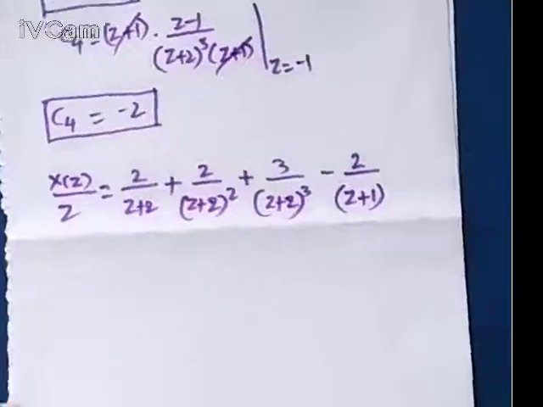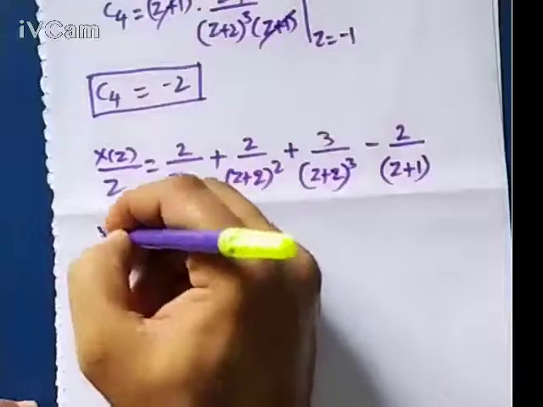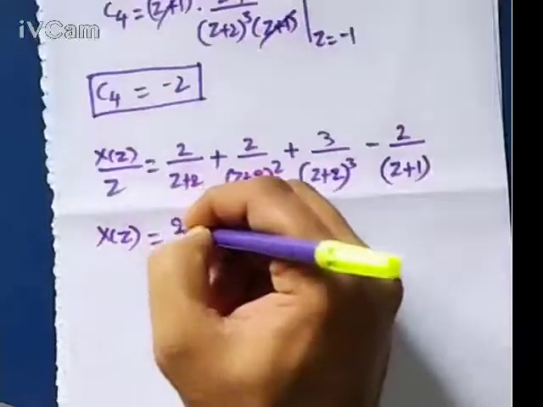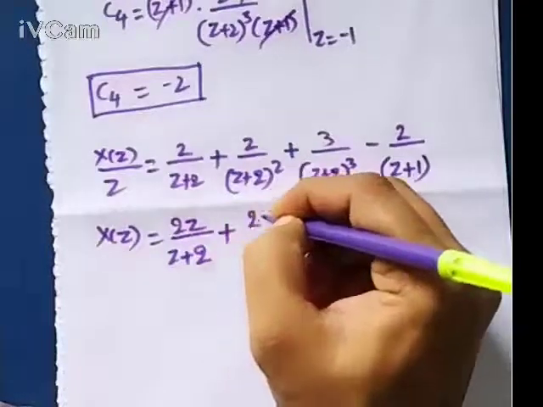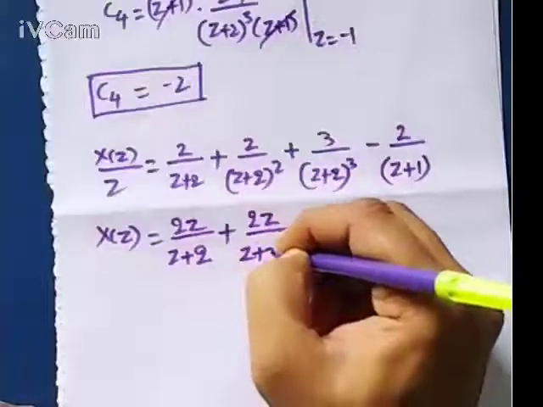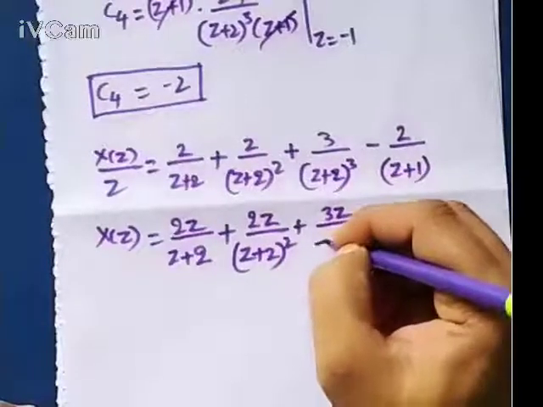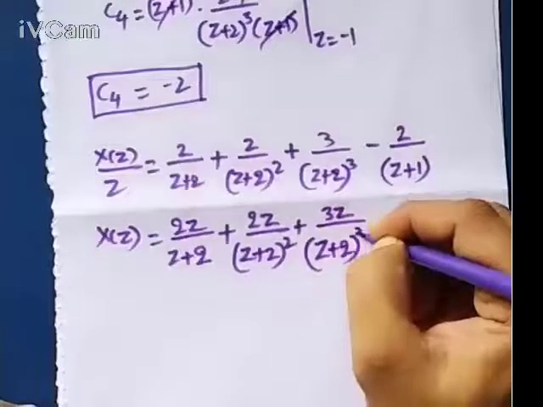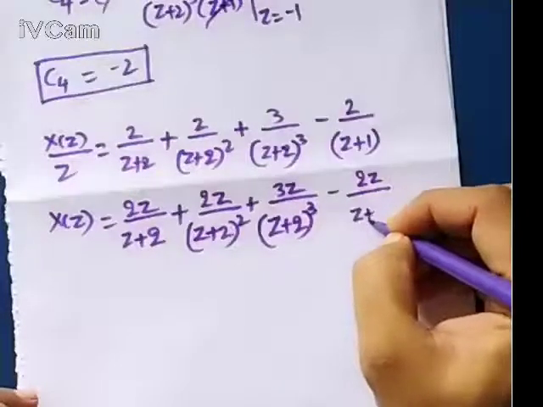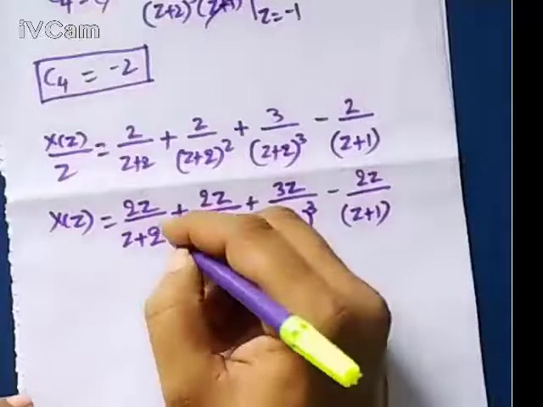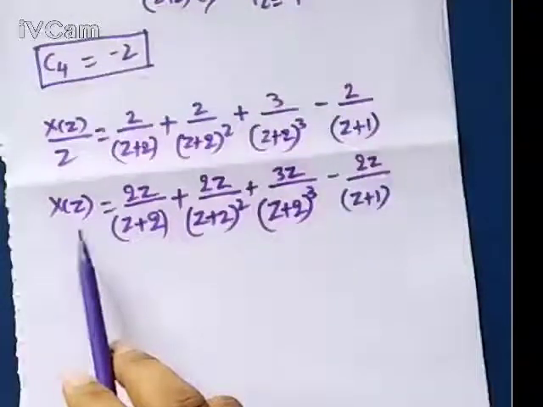Okay, now we have simplified it, we got this z will be taken this side, so this will become x of z equal to 2z upon z plus 2 plus 2z upon z plus 2 whole square plus 3z upon z plus 2 whole cube minus 2z upon z plus 1. Okay, now x of z is there in this form.